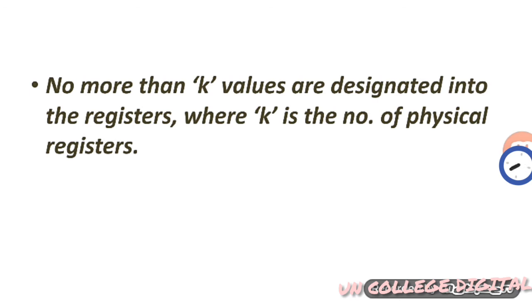It means that the number of physical registers available in the target machine should not be used totally for program target code generation. Suppose 20 registers are available, then the register allocator should use 10 or 15 registers for allocation and assignment, because the other registers are used for other purposes also.